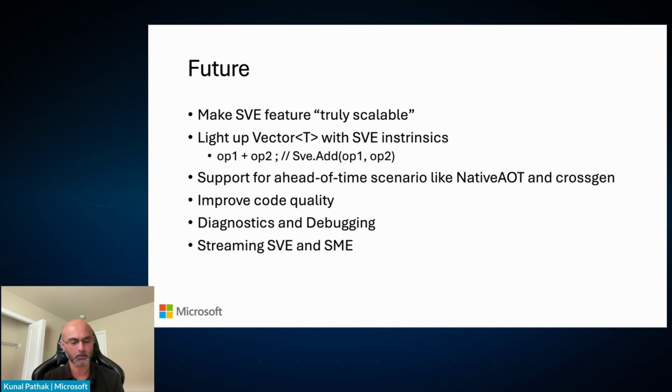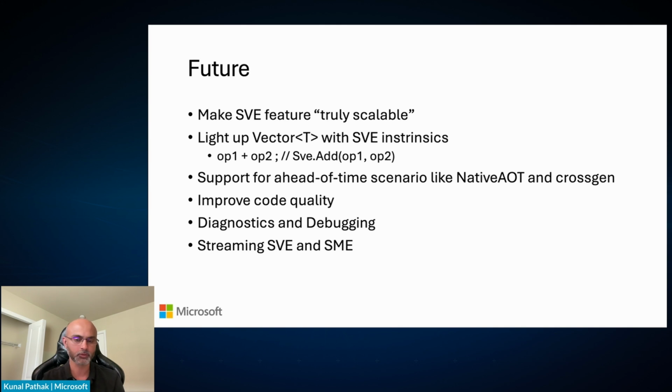No matter whether it is 256 bits or 512 bits, it should just work. We also want to light up Vector<T> with the SVE intrinsics. Imagine you have two operands of Vector<T> and you are doing an addition operation. If you are running this code on SVE supported hardware, then we want to generate the scalable variant of this add operation instead of the Neon variant.